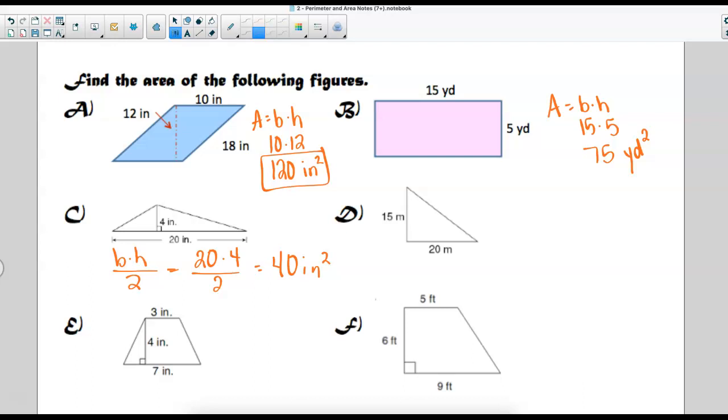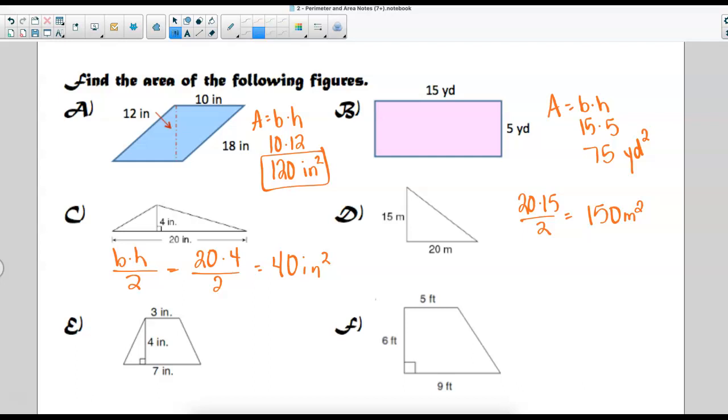So what'd you get for the area? Letter D, Brecken. 150. 20 times 15 divided by 2, 150 meters squared. When I say show your work, this is what I want to see. Okay? You just write down what you're ultimately putting in your calculator.